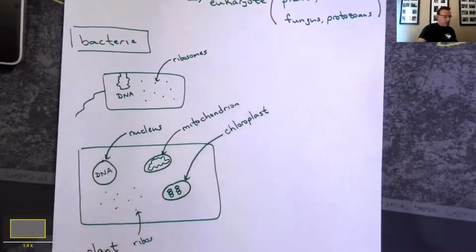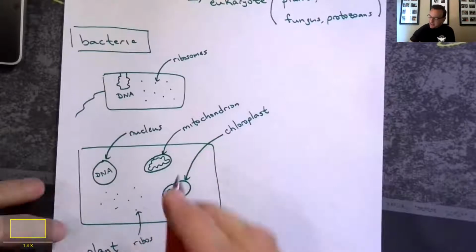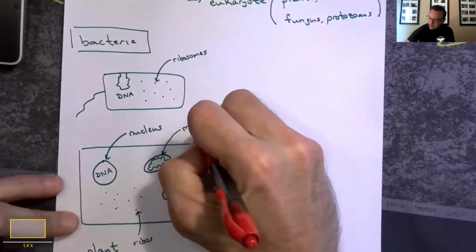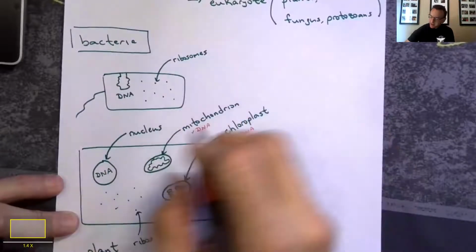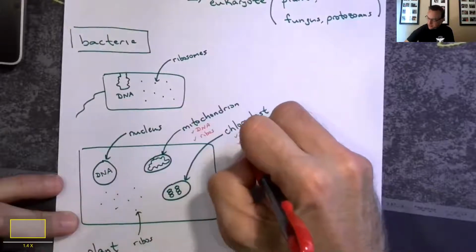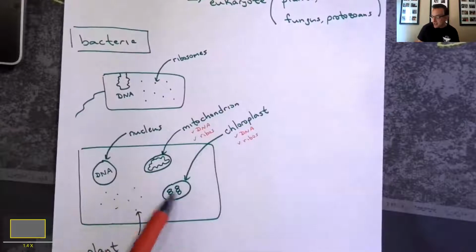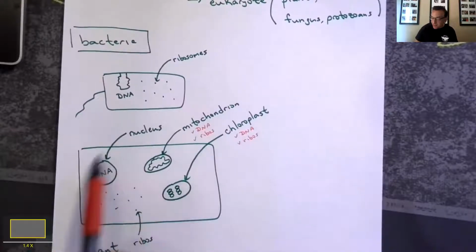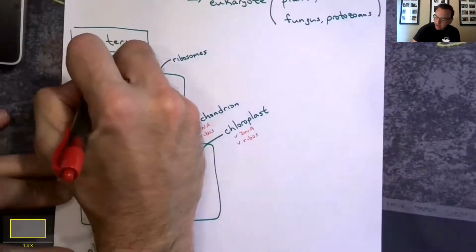Okay? Now, what makes the mitochondrion and chloroplast so unique is that they have their own DNA. It gets better. They have their own ribosomes. They go through their own transcription and translation in here, separate from the entire cell. Now, bacteria reproduce by a process called binary fission.